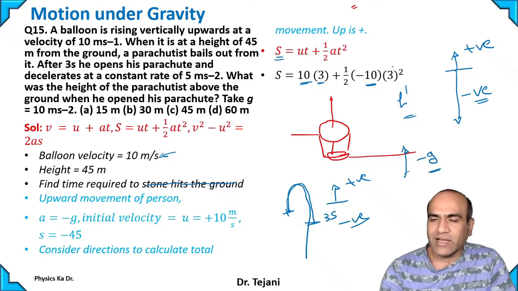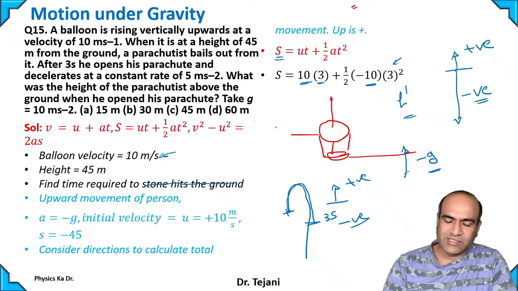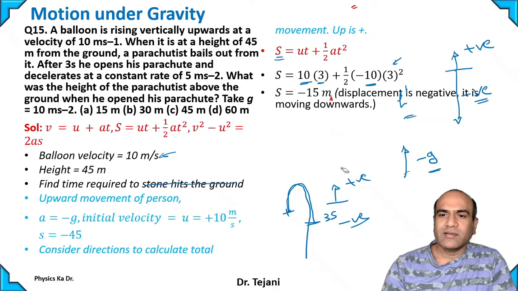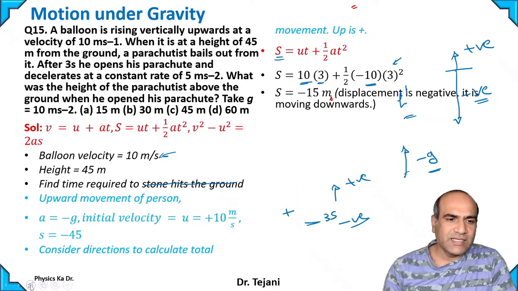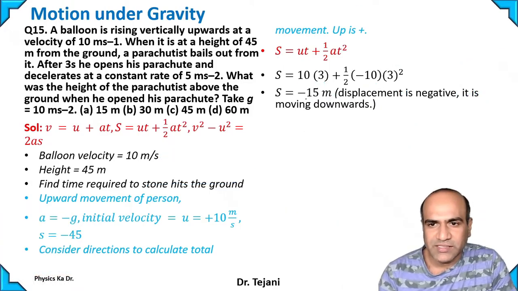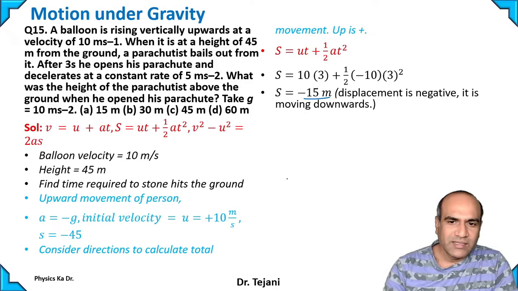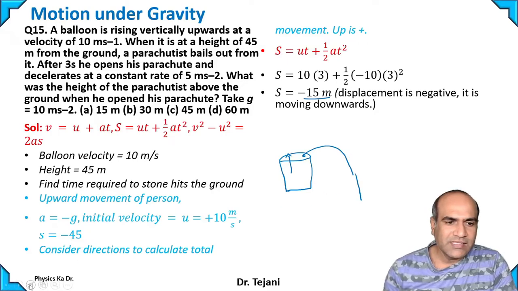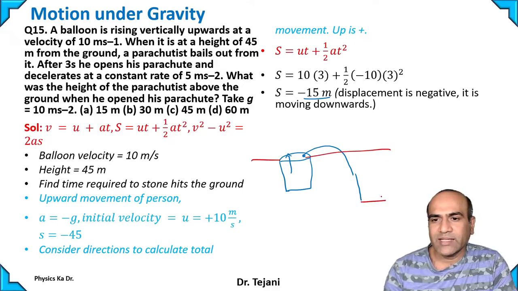If we receive a negative answer, it means the distance covered by the parachutist is downward, and that is negative 15 meter.